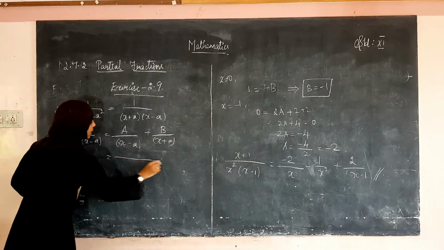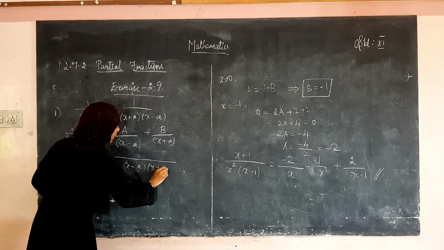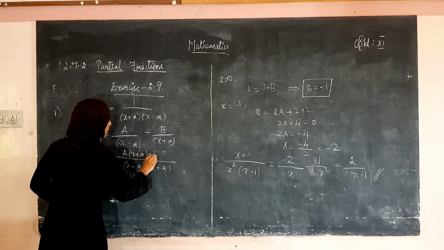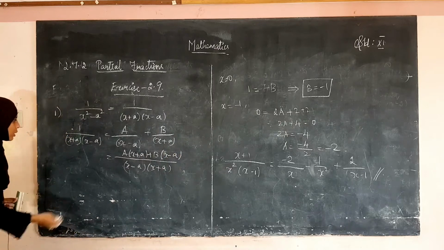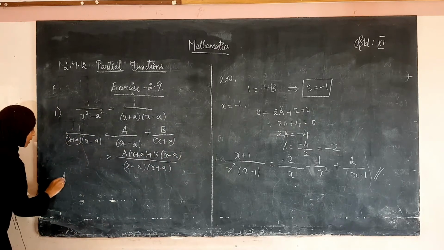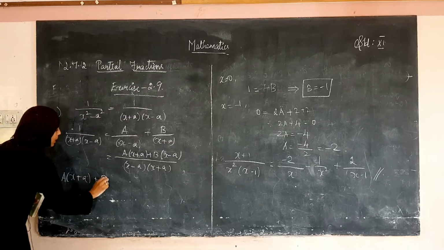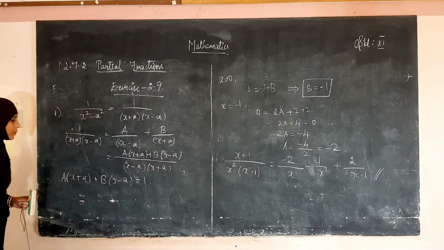Taking LCM, x minus a into x plus a. So here it is A into x plus a plus B into x minus a. Equating the numerator, we have A into x plus a plus B into x minus a is equal to 1.